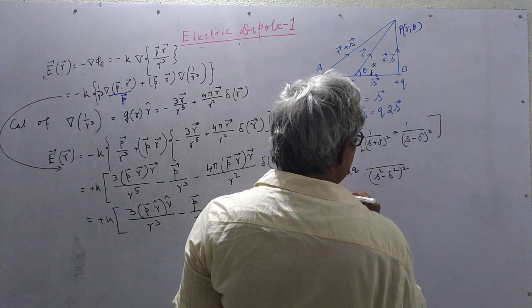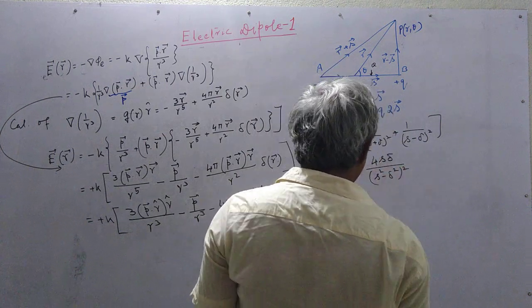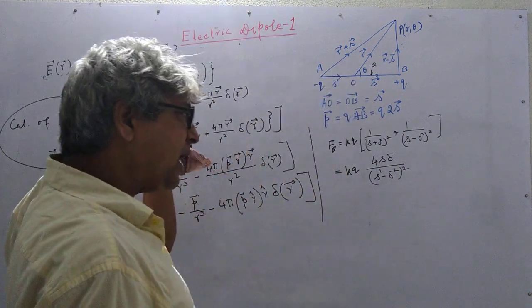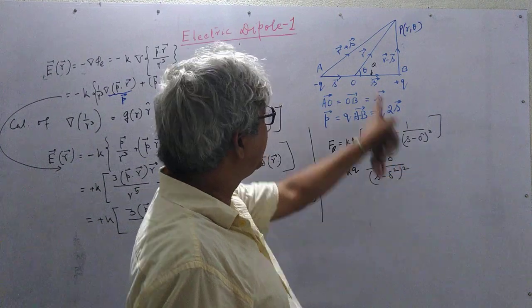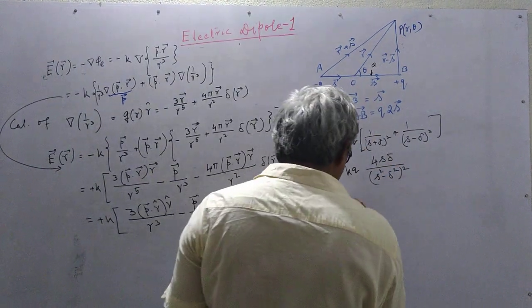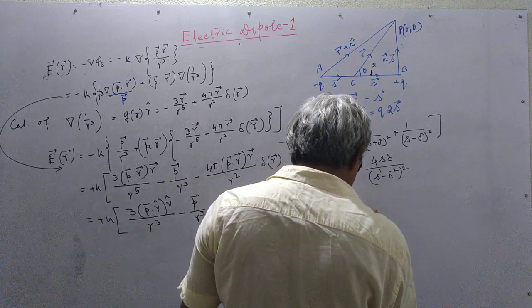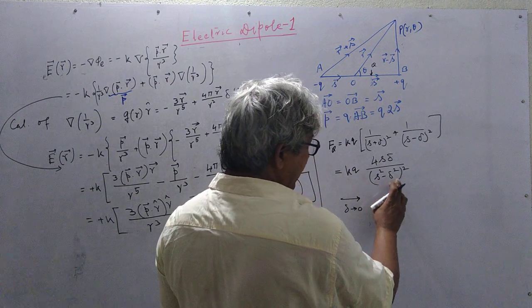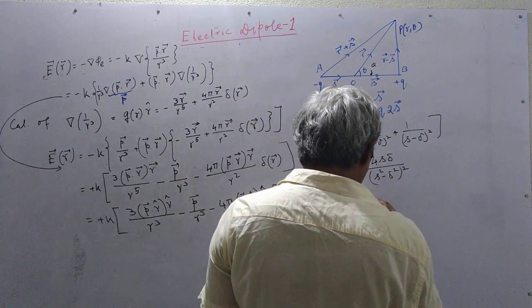Now if we choose the value of delta very close to the midpoint, that is delta tends to 0, we can neglect delta square in presence of s in the denominator.